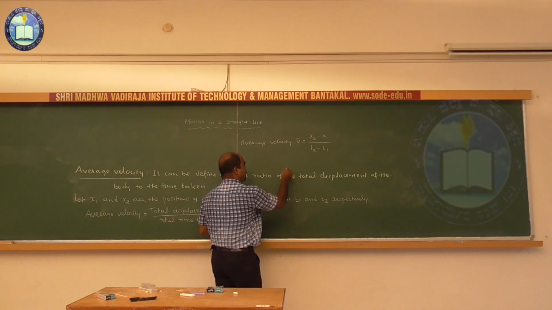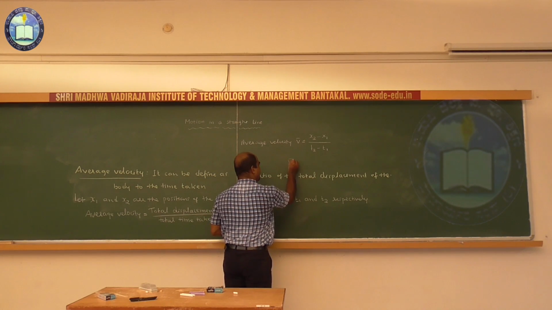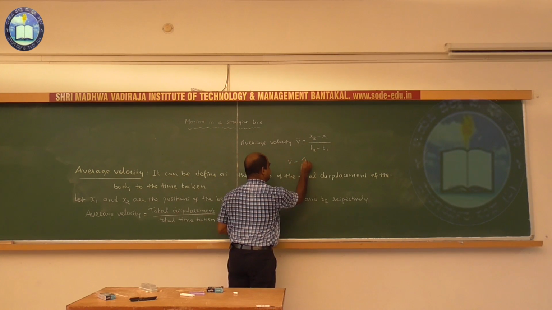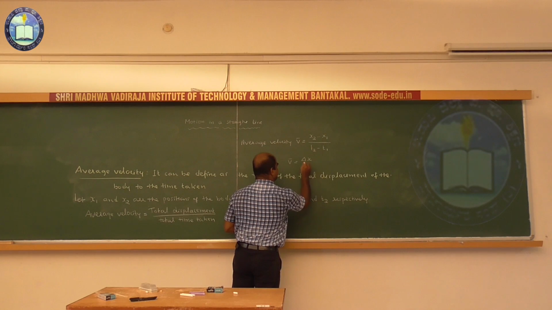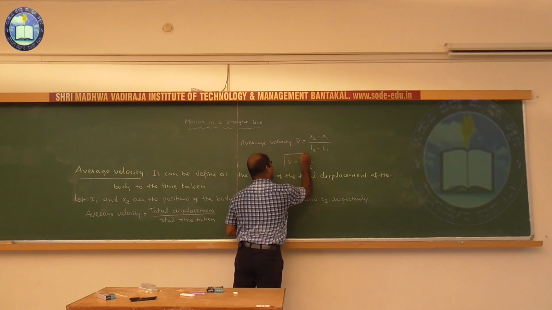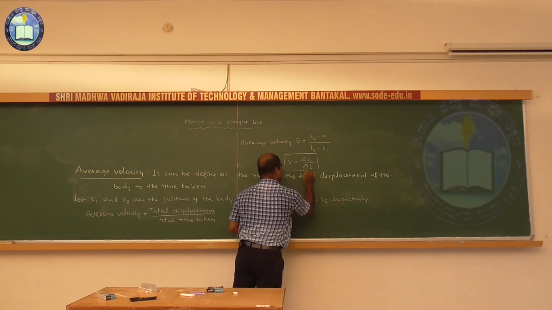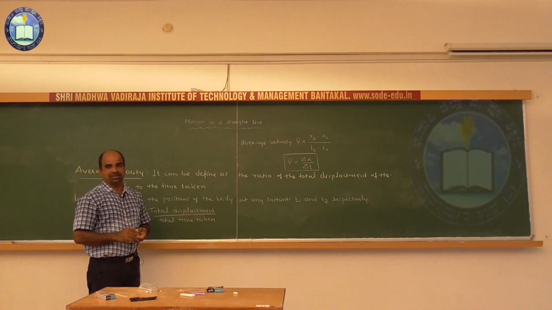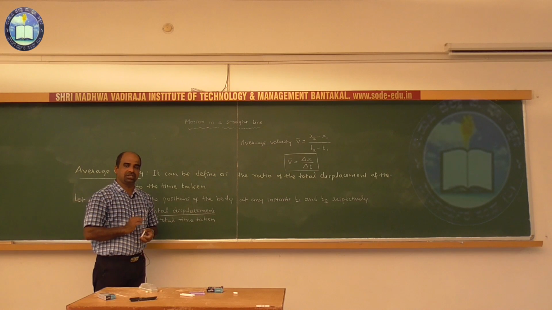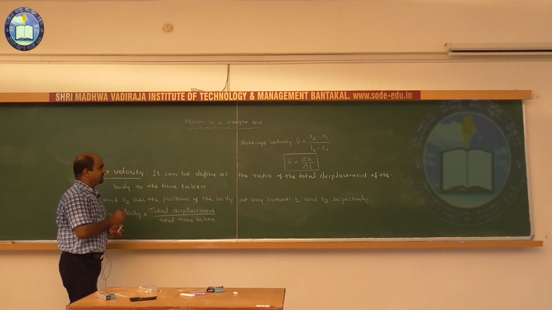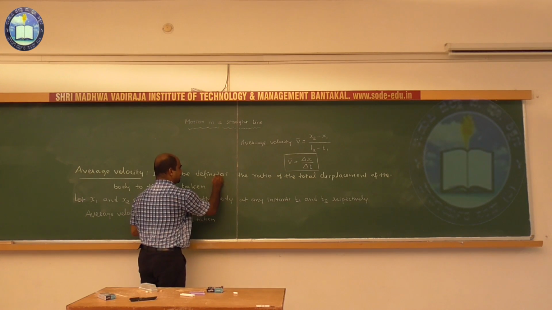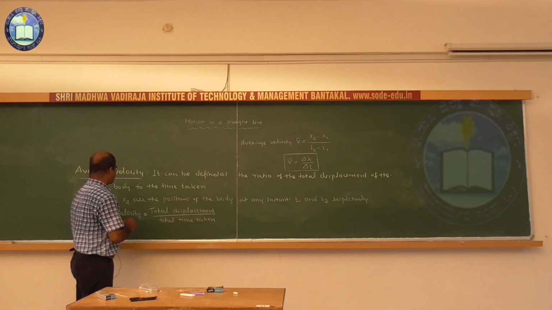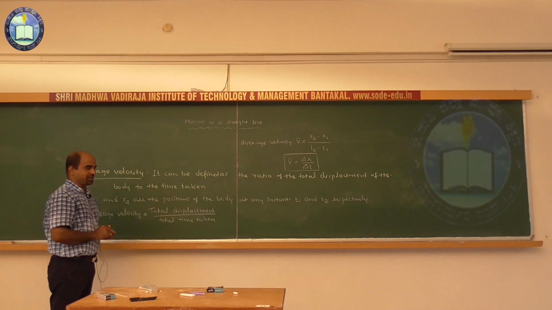Or the average velocity of the body is given by v bar is equal to delta x divided by delta t. It is the average velocity of the body. So v bar is given by delta x by delta t. Got it? Average velocity of a body can be defined as the ratio of the total displacement of the body to the time taken.